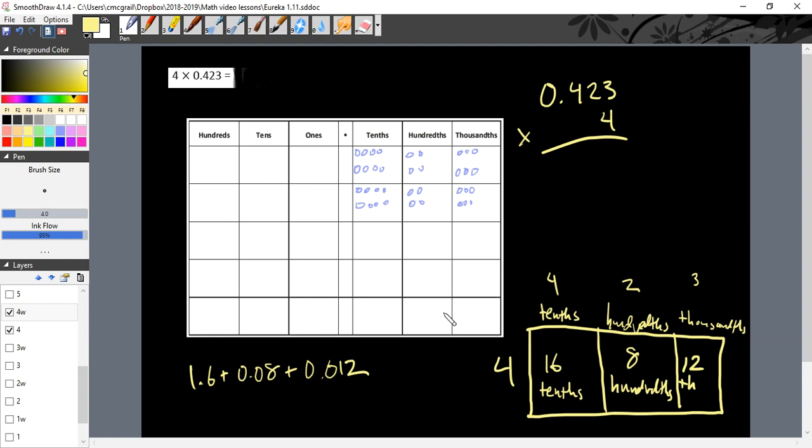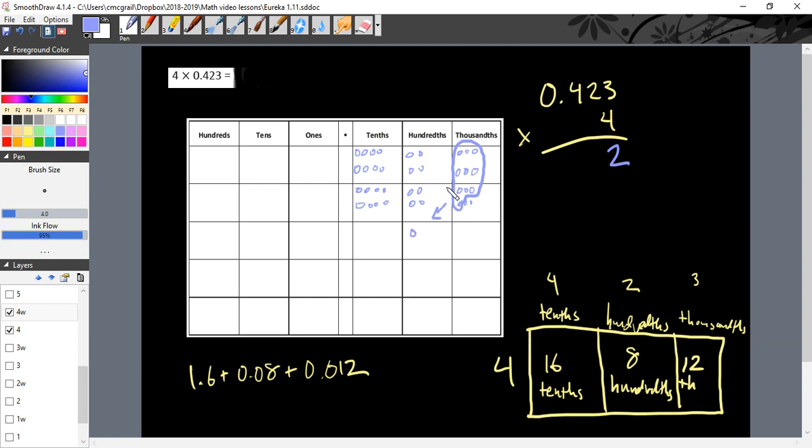Let's see how this works when we actually add it up. So I have 12 thousandths here. 4 times 3 is 12, but I can't fit 12 here, so I'm going to take 10 of them and move it down here.